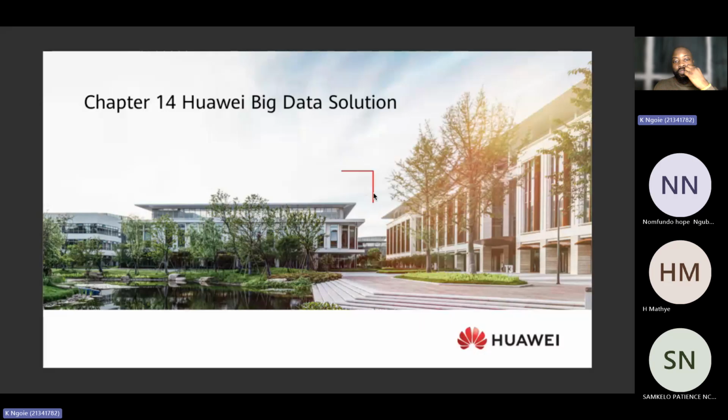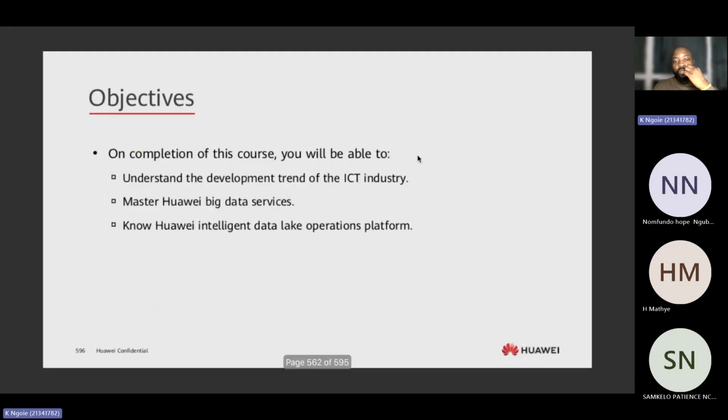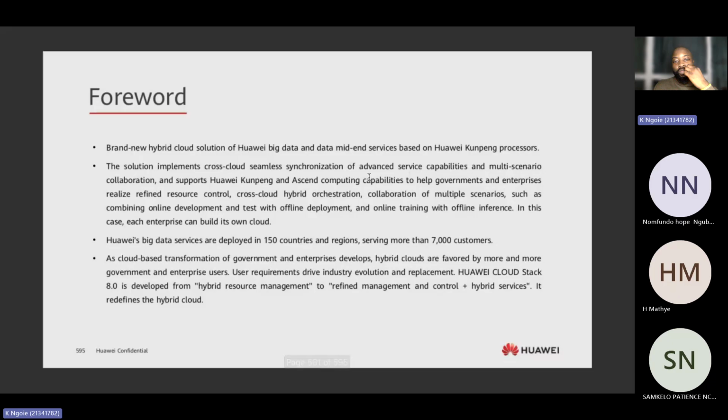Okay, we're going to talk about the Huawei Big Data System. When we talk about the Huawei Big Data System, we talk about every product used by Huawei that involves big data. Huawei is involved in about 150 countries and regions, serving more than 7,000 customers.